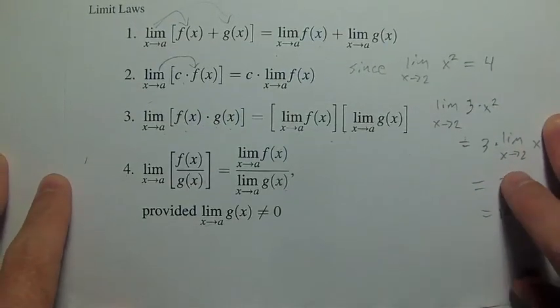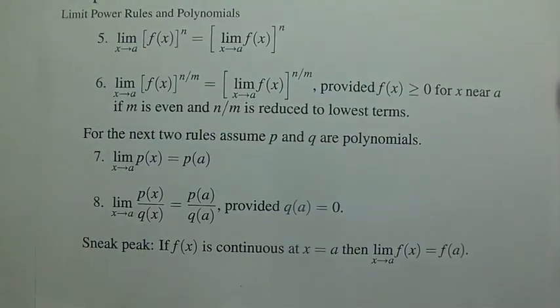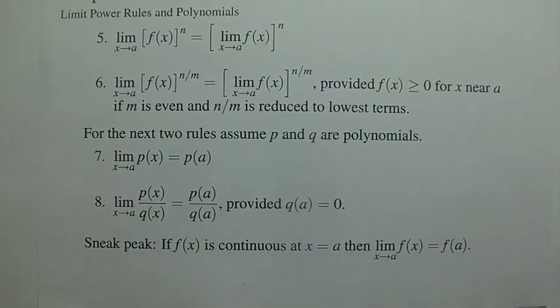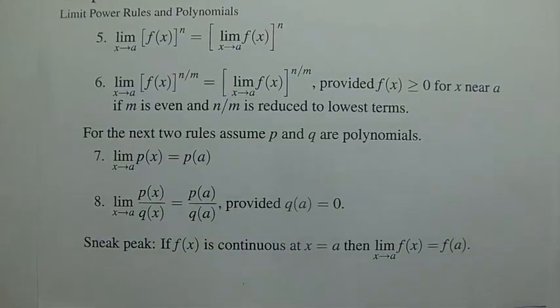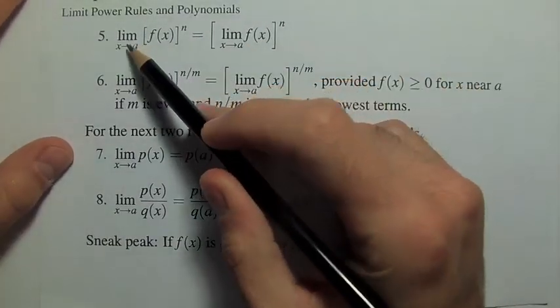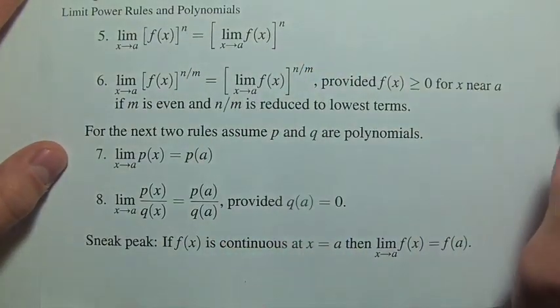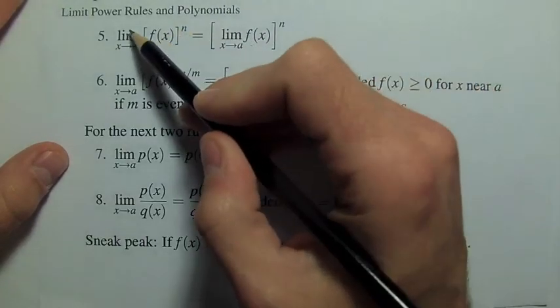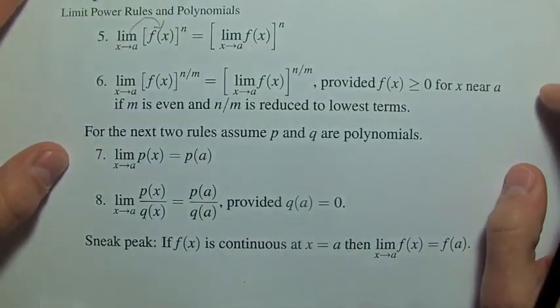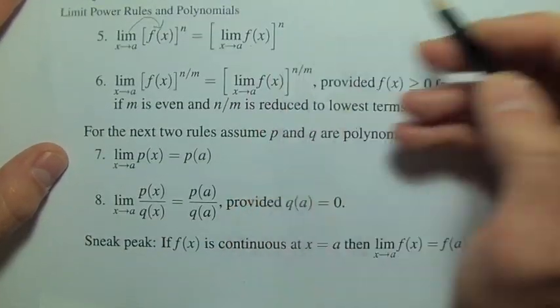All right, let's look at an example. Oh, actually, a couple more rules, sorry. And these rules should feel nice. They work how we would like them to, which is pretty nice. In this case, the limit as x goes to a of f of x to the n, where remember n was a positive integer, I can actually move the limit inside beneath that power and instead do the limit as x goes to a of f of x raised to the n.